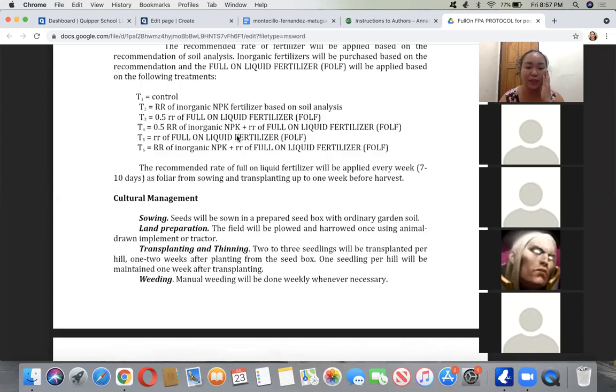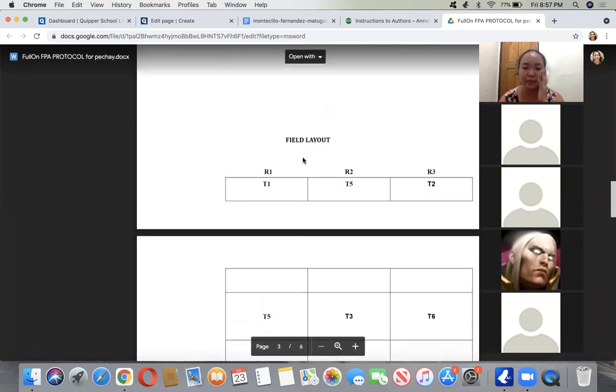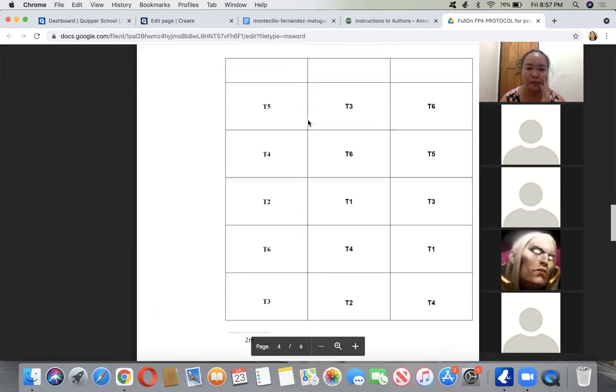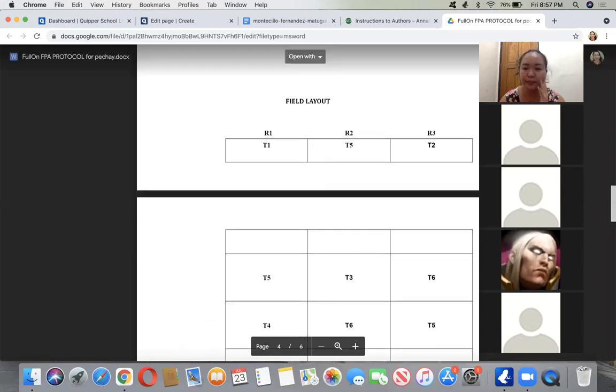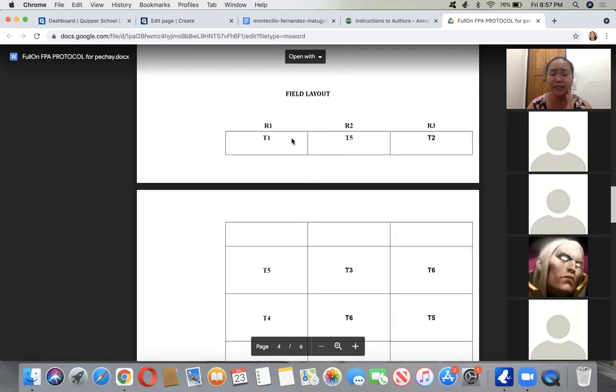So I'll give you an example of the layout. So kunwari ito, naka-square lang siya, but ito yung field layout natin. Since by block ito, randomized complete block design.